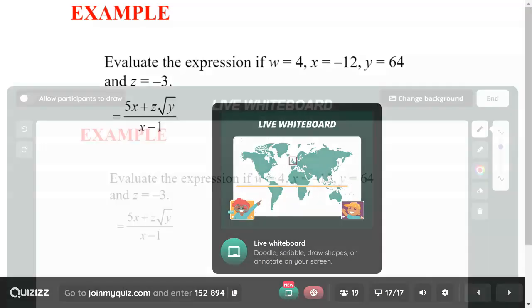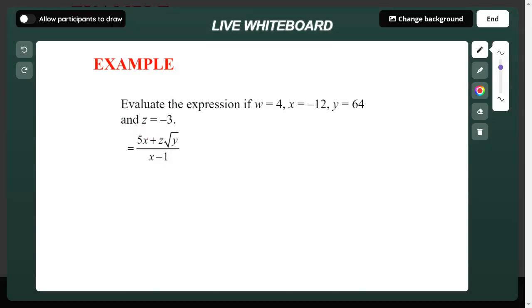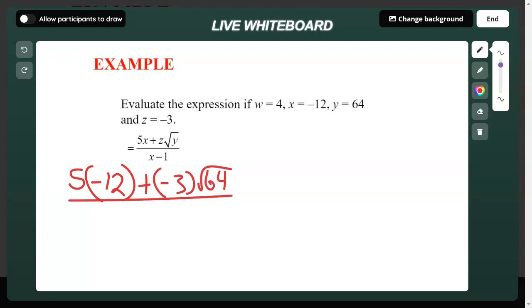So my expression is going to be what, to start? 5 times -12. Good. Plus -3, square root of 64. 5 times -12 is -60, -12 minus 1. Go ahead and take a minute and do that one.